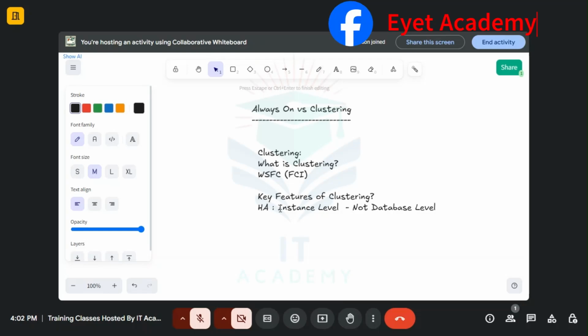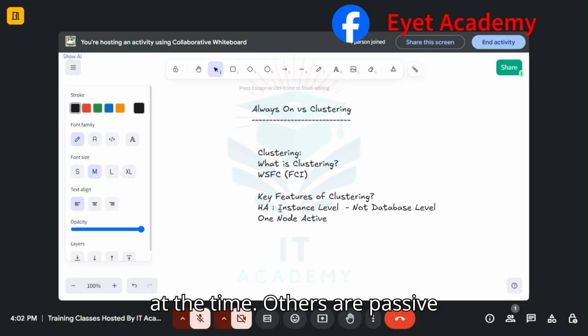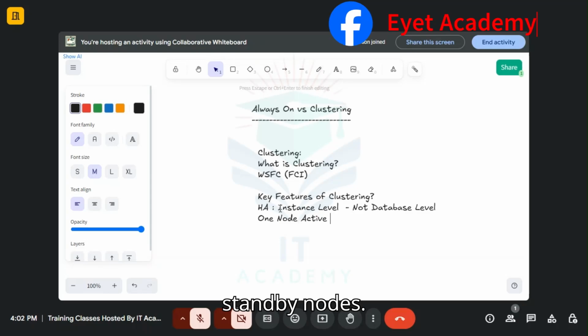Next point, only one node is active at a time. Others are passive standby nodes.